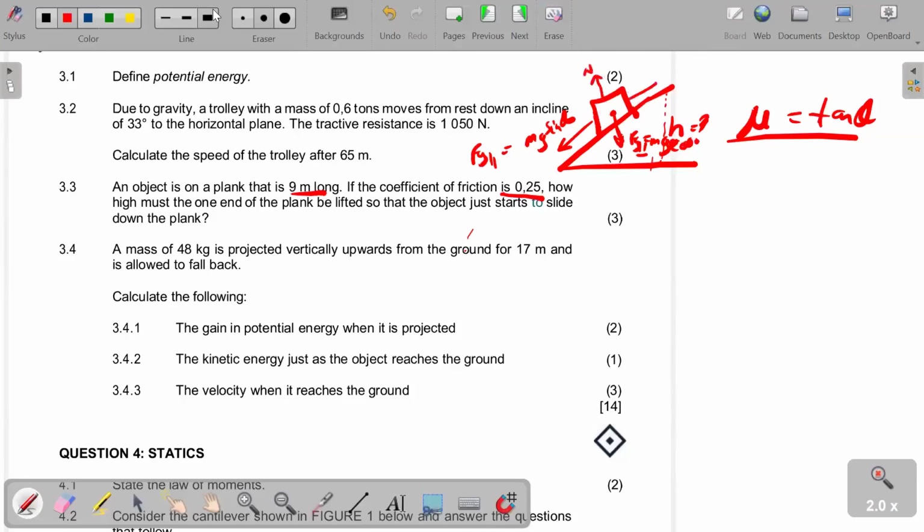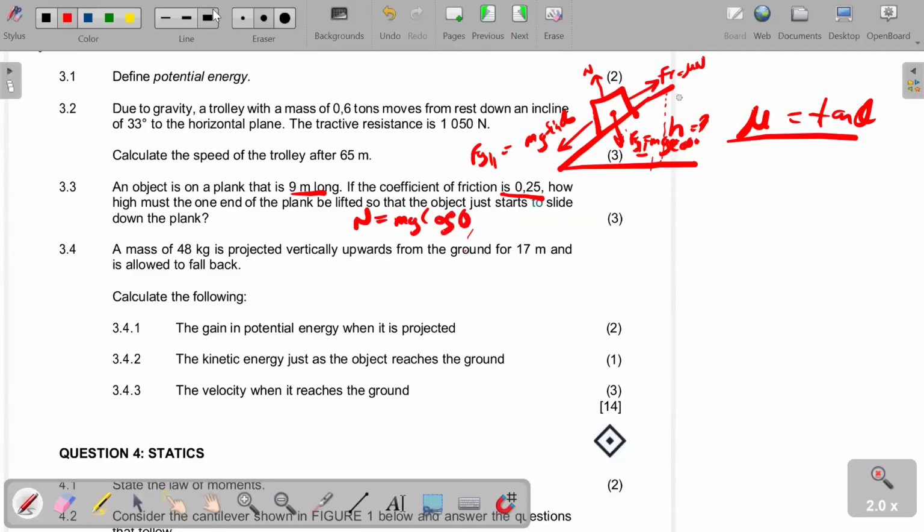Then on this side we have Fr, the resistive force. It's given by mu multiplied by N. But N is given by mg cos theta because it's equal and opposite to the perpendicular gravitational force.